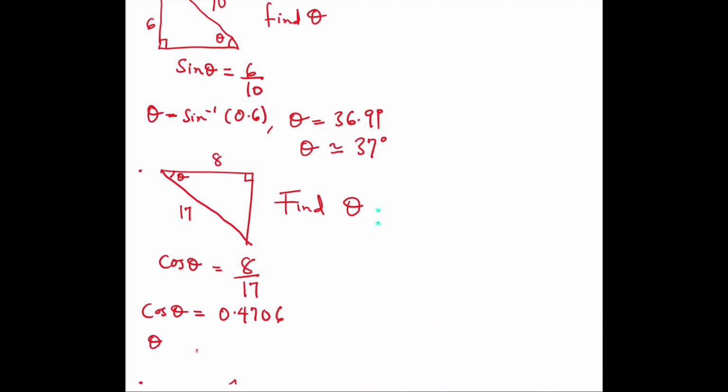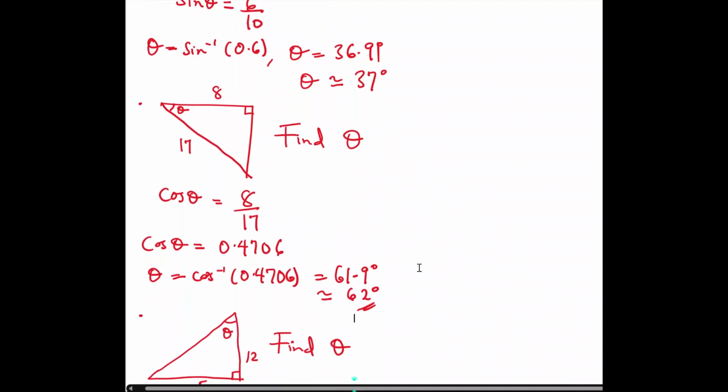So now let's find the arc cos of 0.4706. Theta is equal to arc cos 0.4706. So now let's find it. So that should be 61.9 degrees. So that's approximately 62 degrees. Okay.